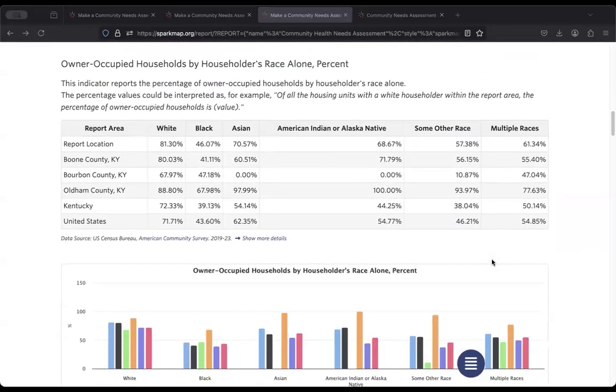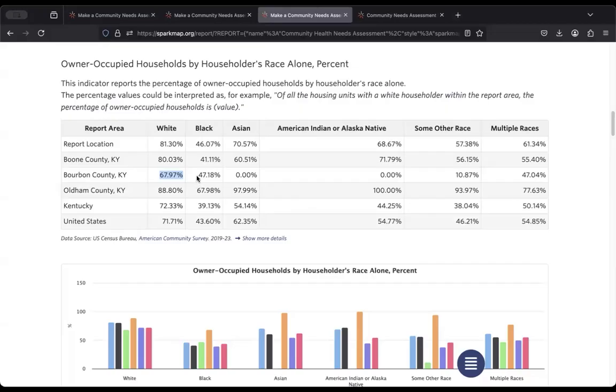We also have these data available to us by race. So again, we're going to use that sentence that we have available to you here. So of all those housing units with a white or black householder, this is the number of those that are owner occupied. So we can see, again, we've got a lower rate here in Bourbon County for folks that are white.